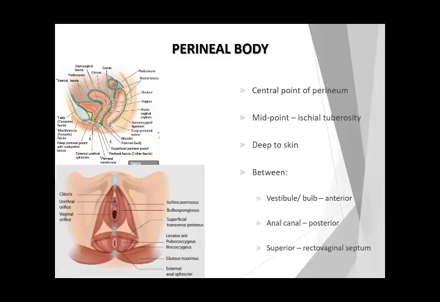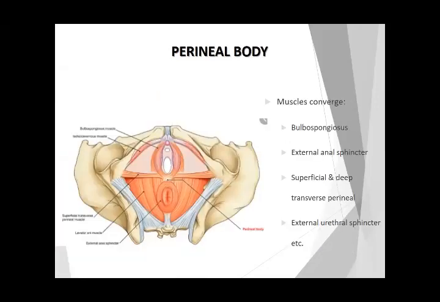Now the important thing about this perineal body is that this is a fibromuscular mass, of smooth muscles and skeletal muscles, both types of muscles. Okay? So you have multiple muscles running into it, getting inserted into this perineal body.